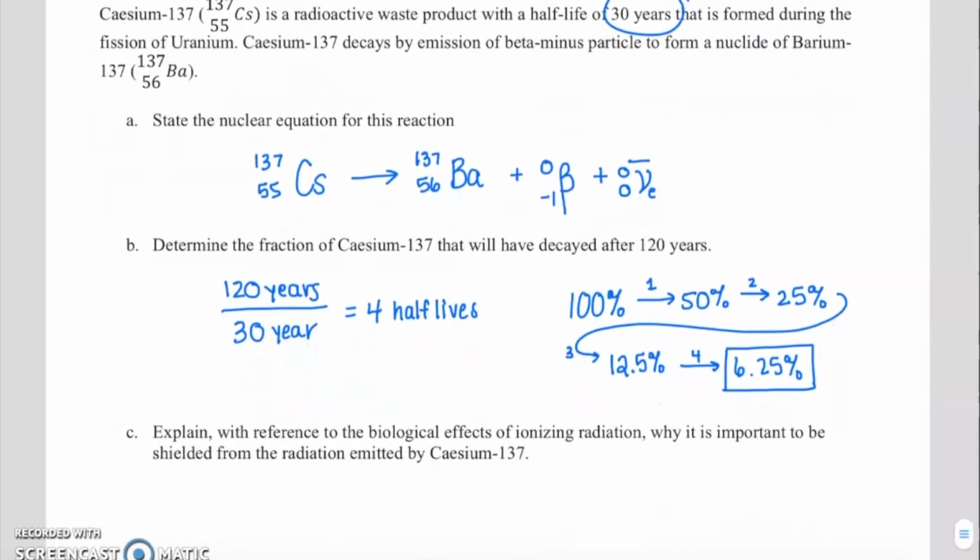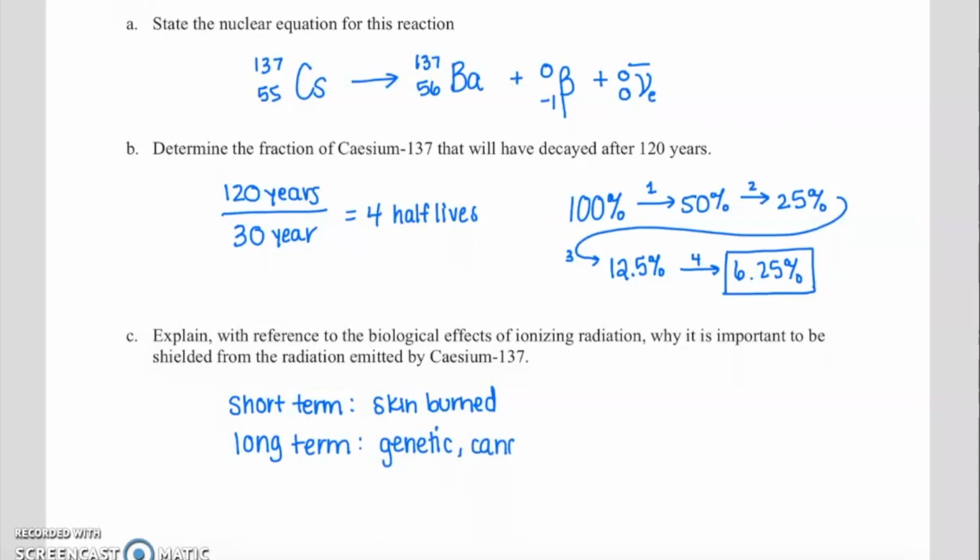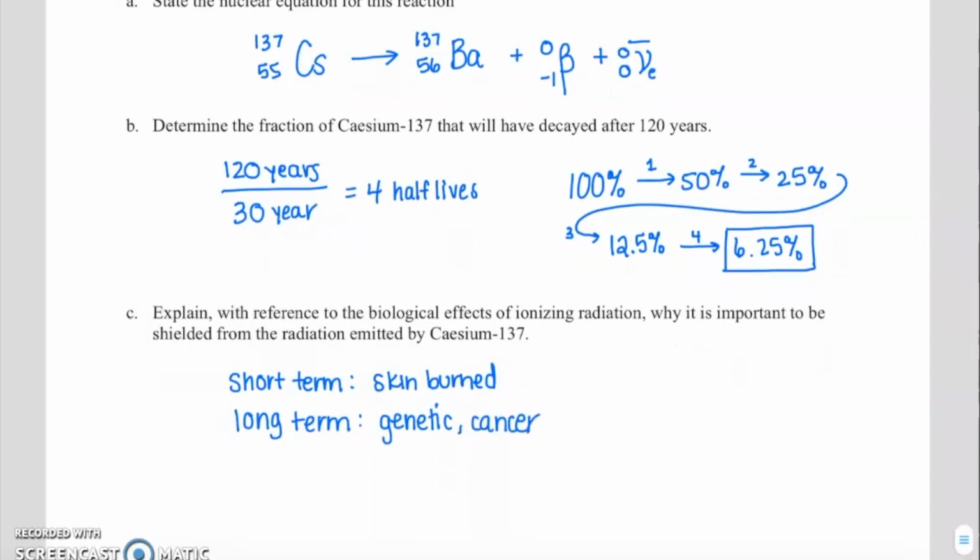And last but not least, explaining why this beta decay would be really important to be shielded from. You could have discussed things like the short-term effects, such as your skin being burned or being all red. You could talk about the long-term effects, like genetic disorders, like cancer. It would be very important to store this because beta particles have kind of a medium penetration level.